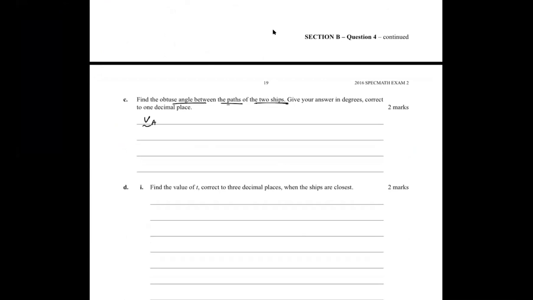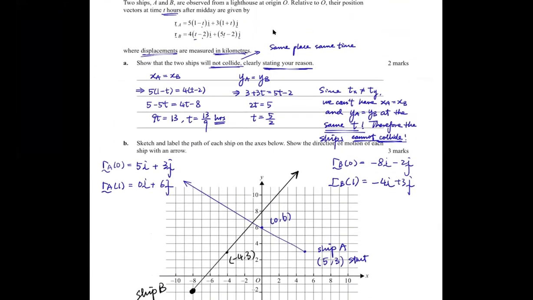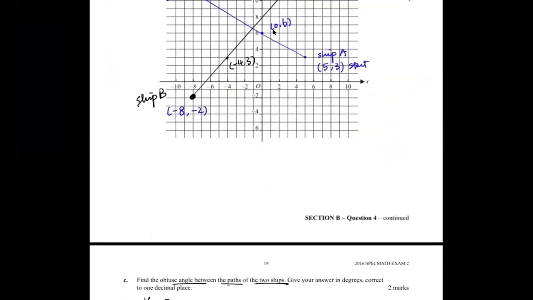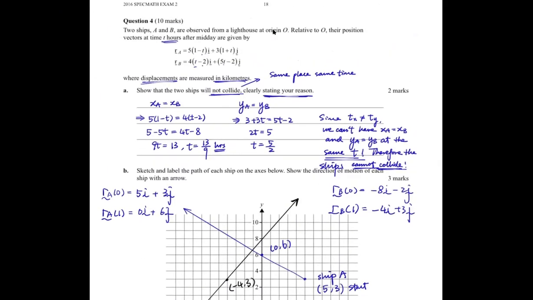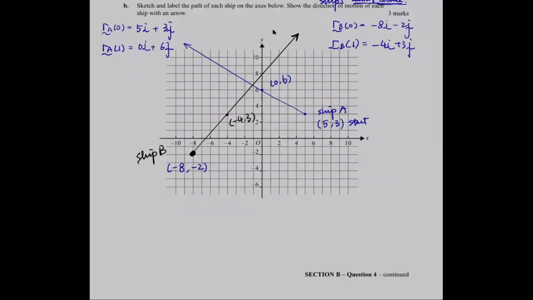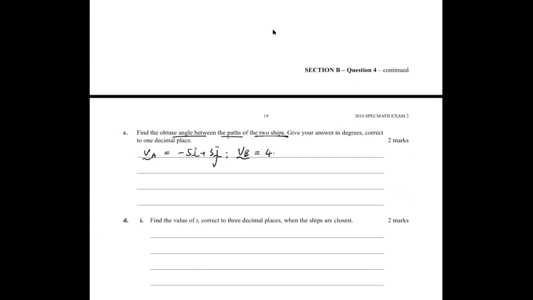Velocity A is minus 5, 3. Velocity B is 4i plus 5j.